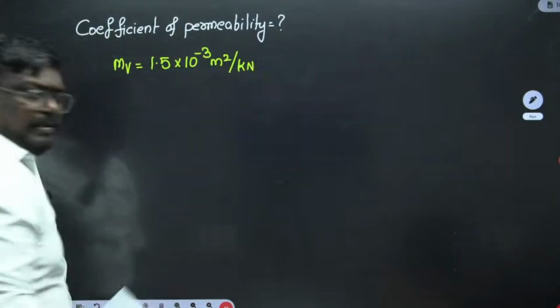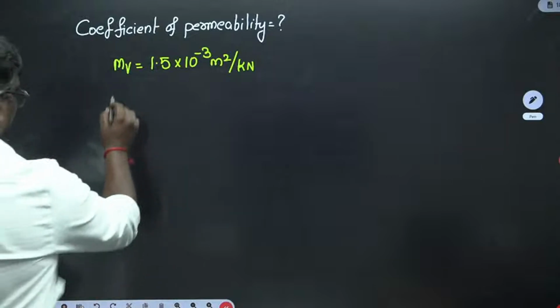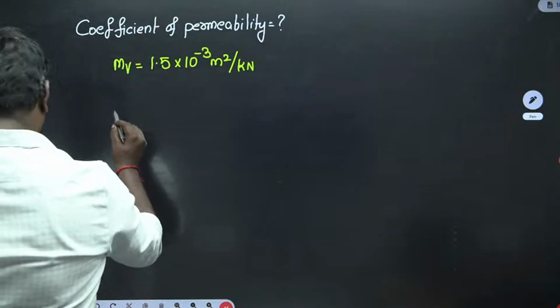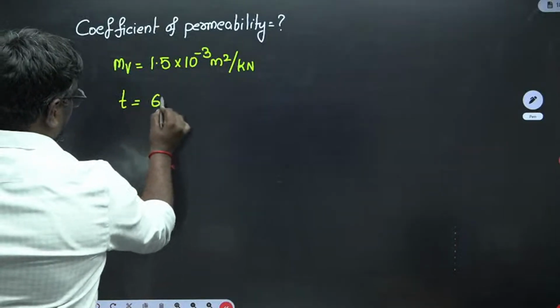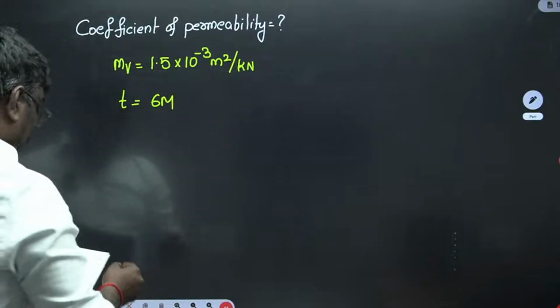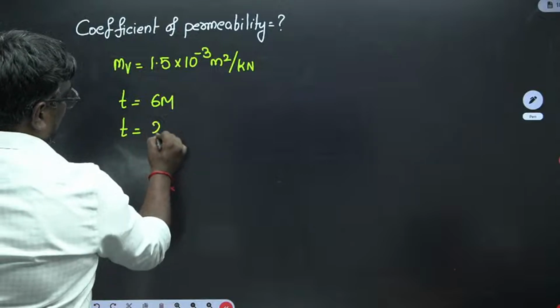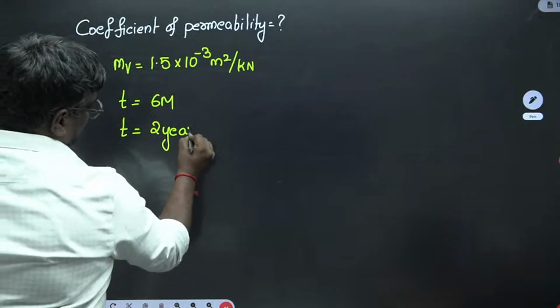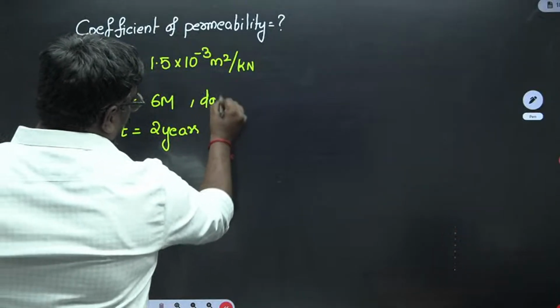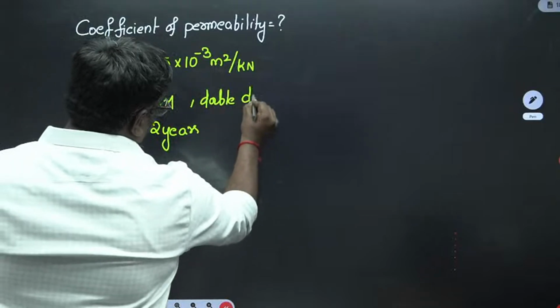The thickness is given as 6 meter, and it is double drainage. The time t is 2 years.